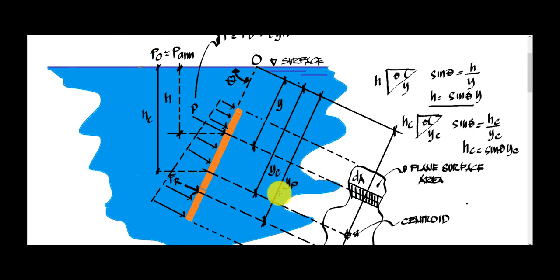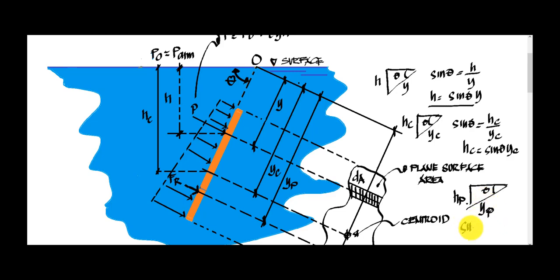So if we draw a triangle here, we have theta here, HP here, and YP here.